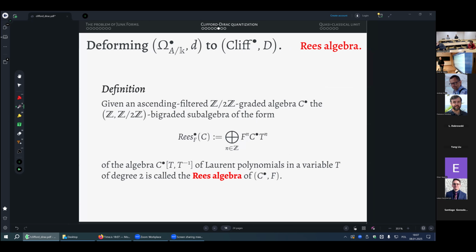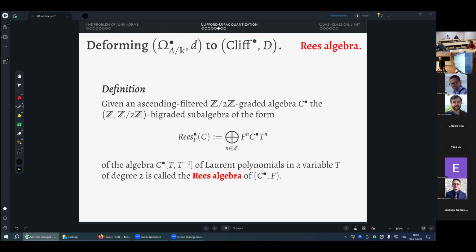Okay. And then let's try to think about this operation as a kind of deformation. When we think about this Clifford algebra together with the Dirac operator, it's a kind of deformation quantization of the de Rham complex.